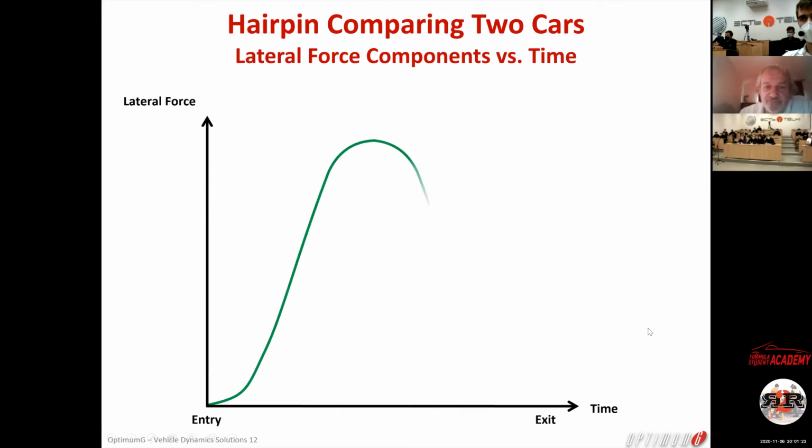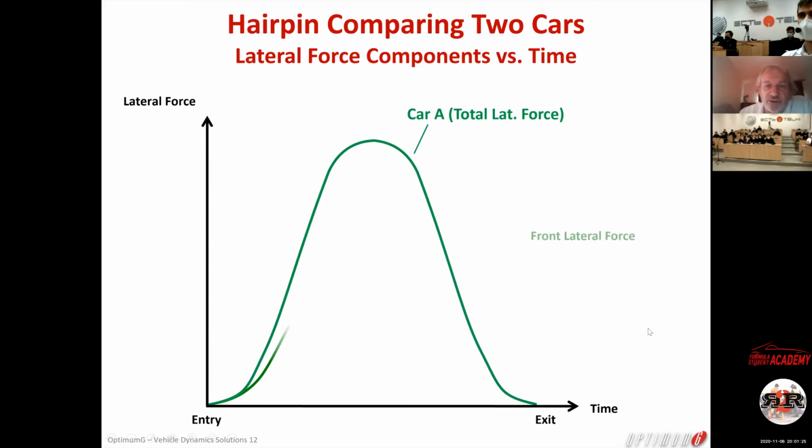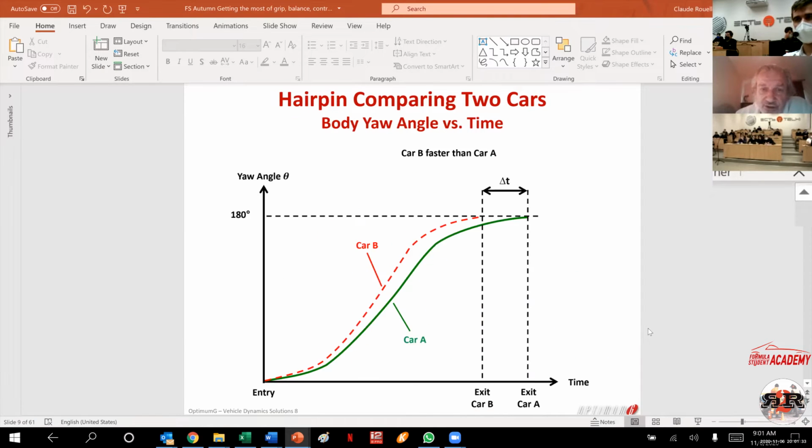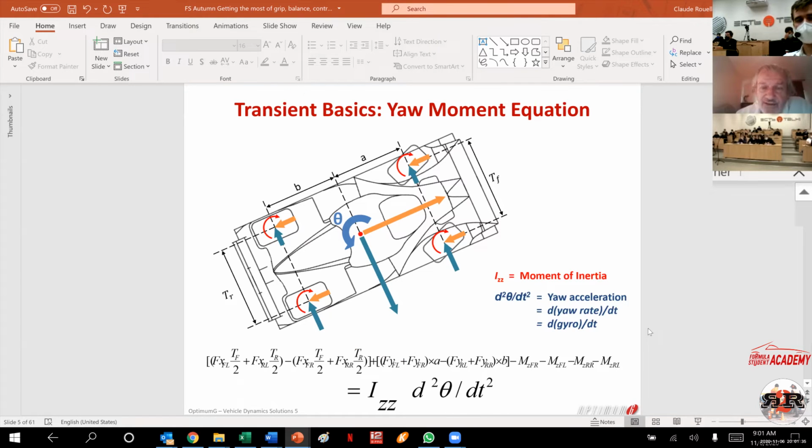So at a certain time, your yaw moment at the apex will be zero. Basically, your lateral force will go like this, but then you need more yaw moment. And may I remind you, where do you get the yaw moment? 80 or 90% is from the blue force, the lateral grip.